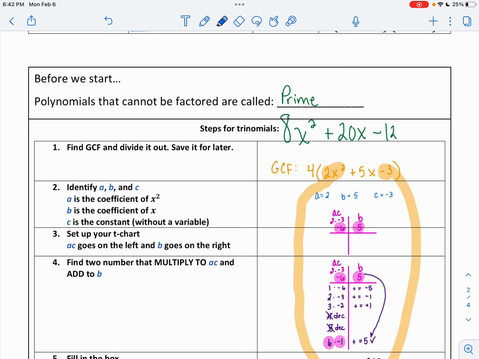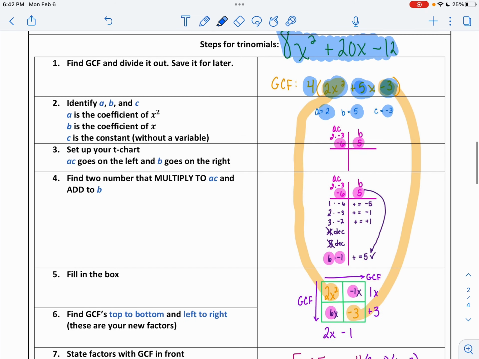You are going to be given a polynomial. You are going to find that polynomial's GCF, and you're going to divide that GCF out. Then you're going to identify what A is, the number of x squared, what B is, the number in front of x, and what C is, the constant in the back. Then you're going to take that A and C and multiply them and put B on this side.